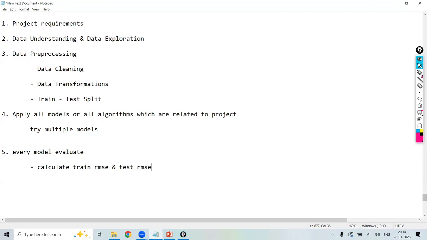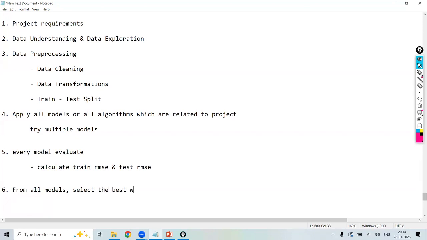Every model, calculate train and test RMSE. Then from all the models, how many models you have tried? From all models, select the best one.